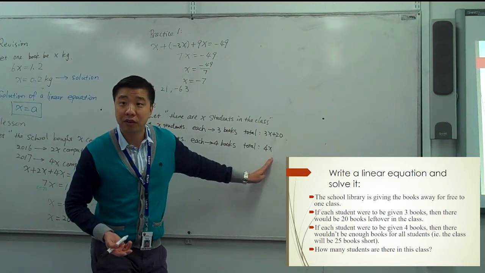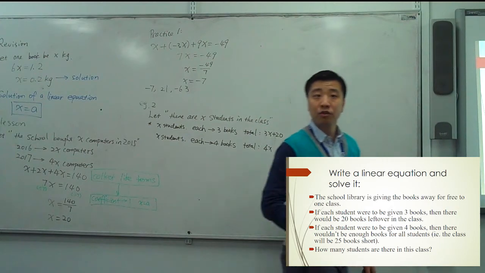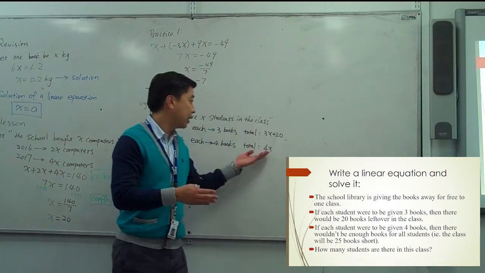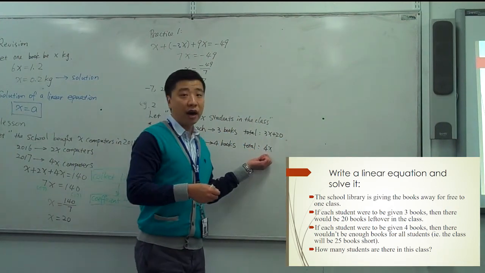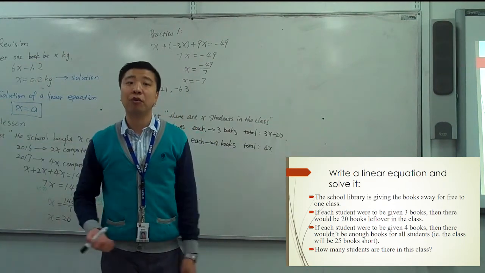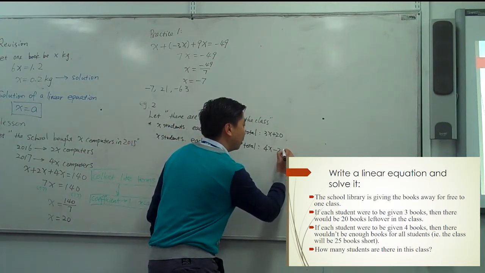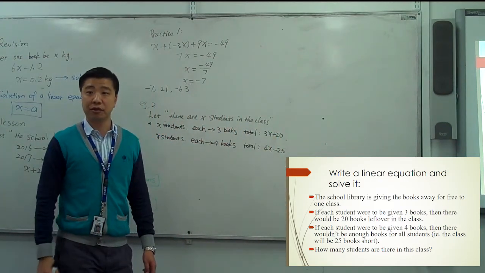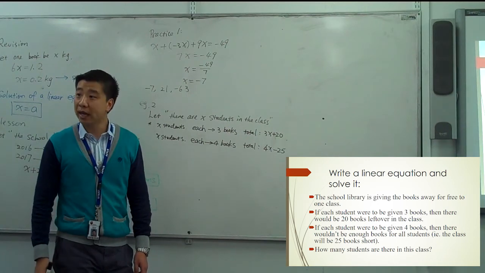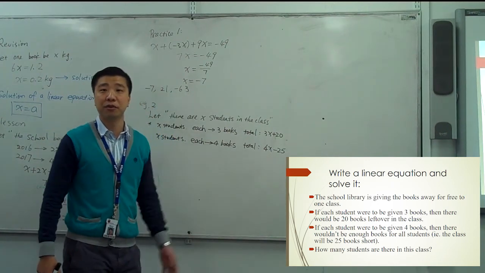Is that enough? No. How many books? Short 25. Now, if you ideally give 4X to students, you cannot do that because you need another 25 books to make each student's 4X lots of books.